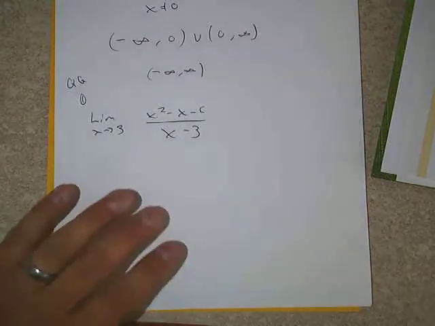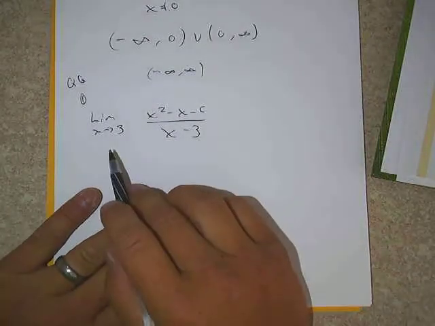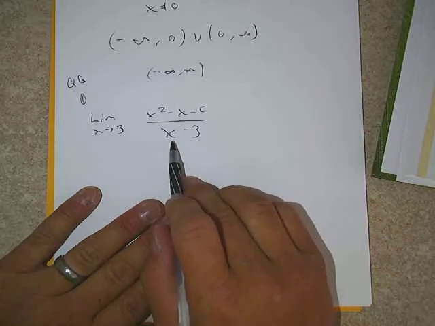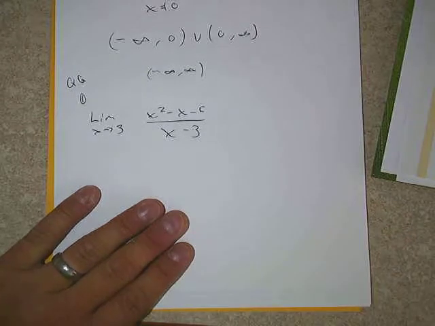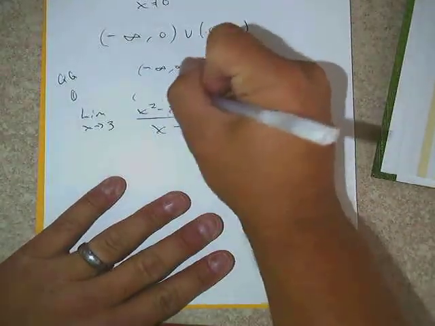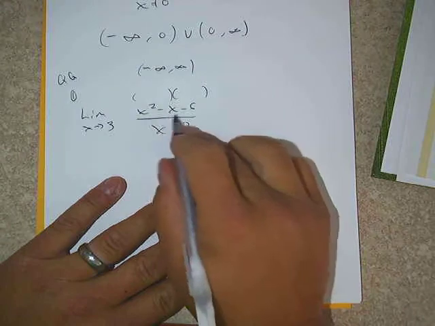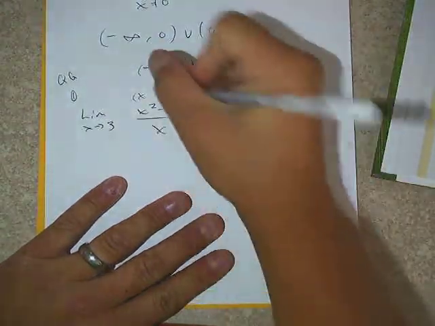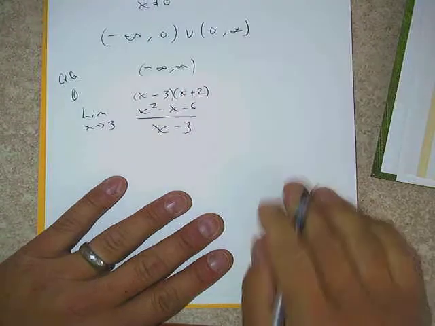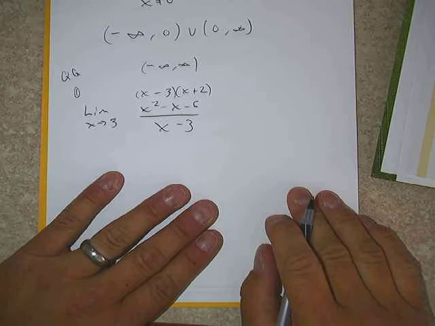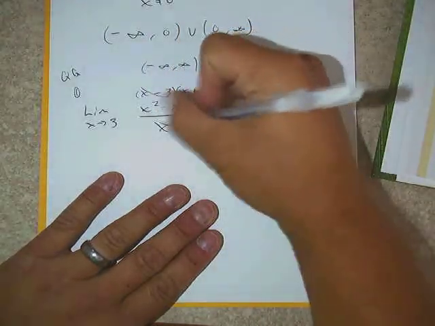Yes. So we got limit as x approaches 3. So this is on our quick quiz. So we got limit as x approaches 3 of x squared minus x minus 6 over x minus 3. And again, our job here is just to find the limit if it exists. So first step is direct evaluation. We can't do that because if we put a 3 in here, we're going to get 0 on the bottom. So then from there, step 2 is can we do any algebra to simplify this expression?